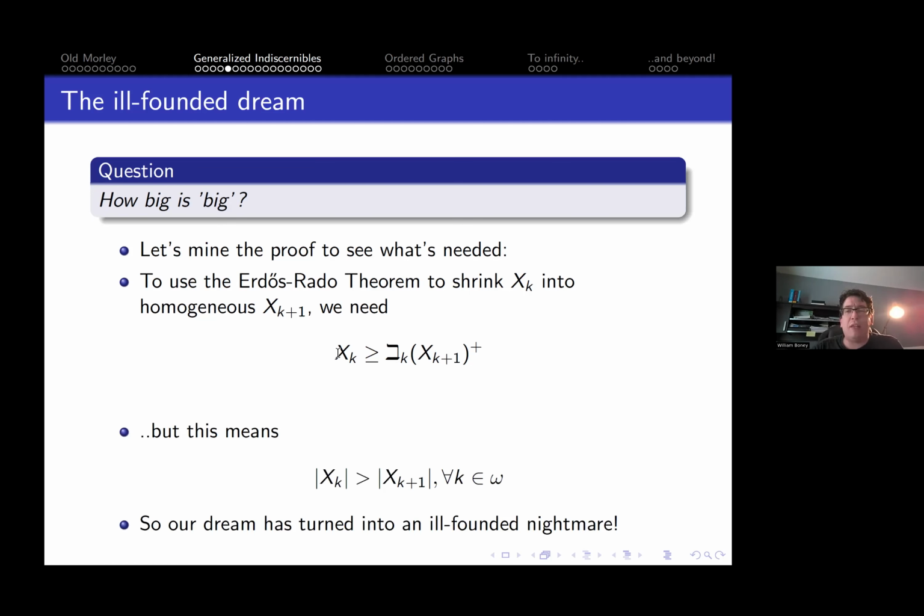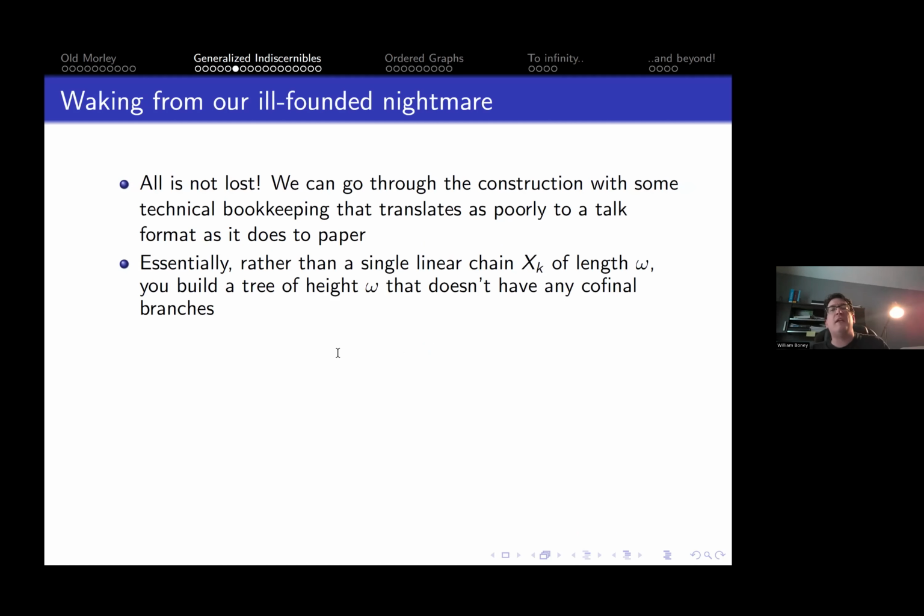Unfortunately, that means that these sets have to be decreasing in size, and that gives us an ill-founded sequence of sizes. And that's very bad. You can't have that. So there's actually an ill-founded nightmare. But you can fix it. The idea is that instead of just one linear chain of decreasing sets, you build a tree of approximations.